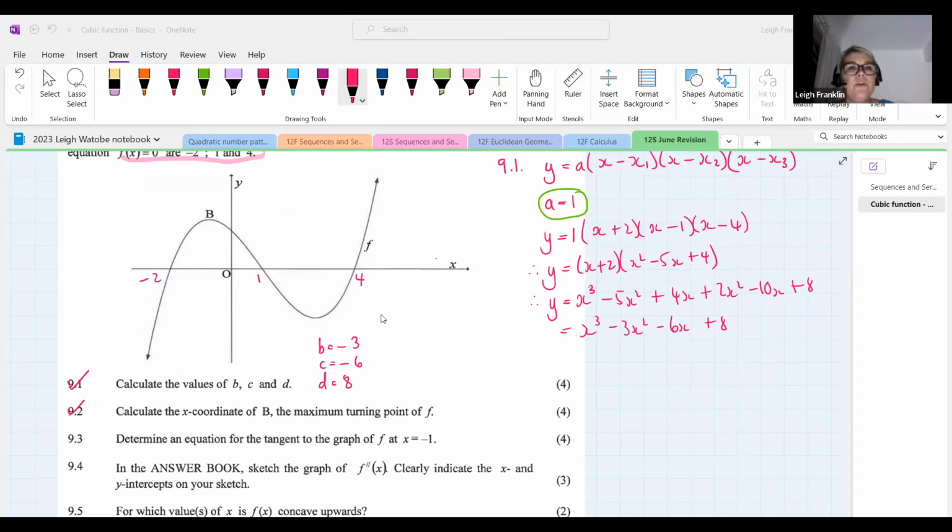Okay, so 9.2 you guys are doing by yourselves. They want the x coordinate at B. That's good, Ikarabeng, that's perfect. Okay, you got the right answers. Okay, all right, Pinga.